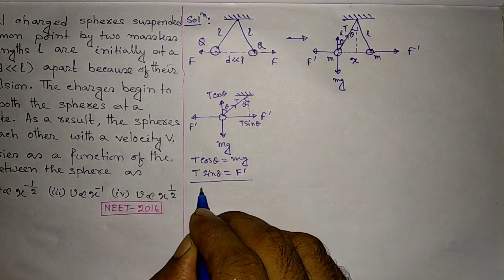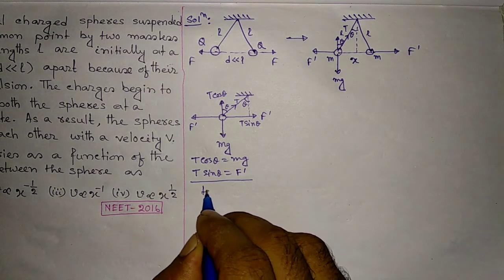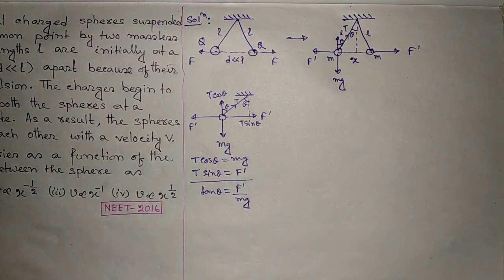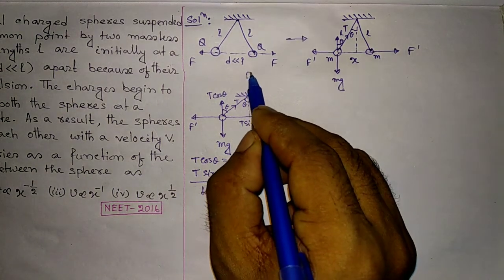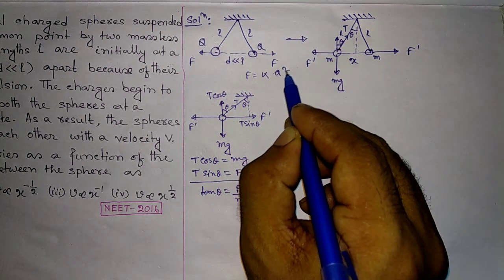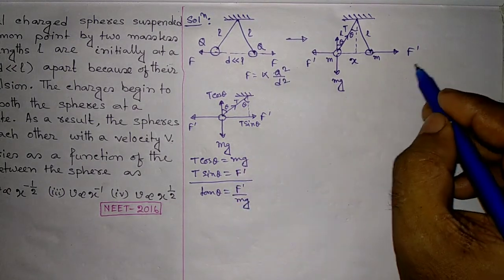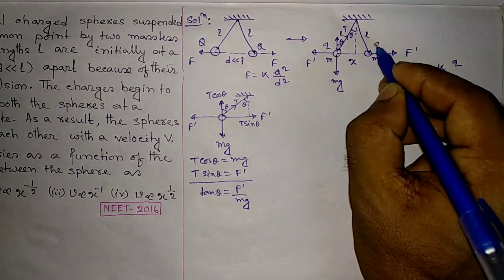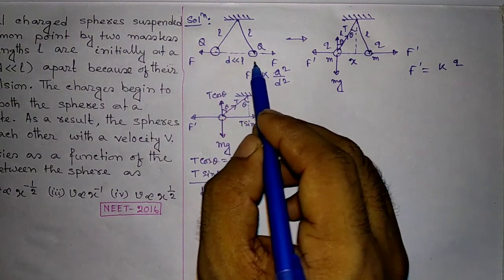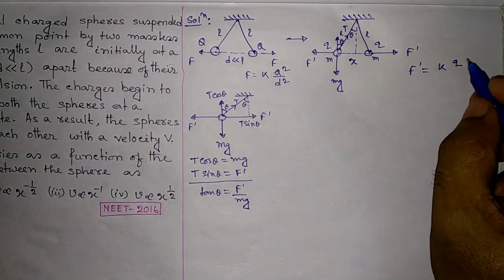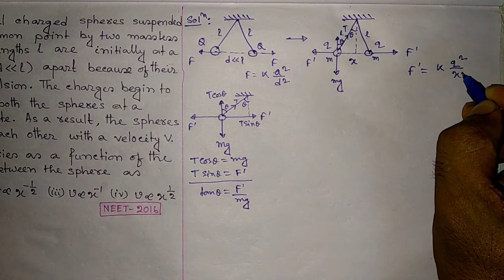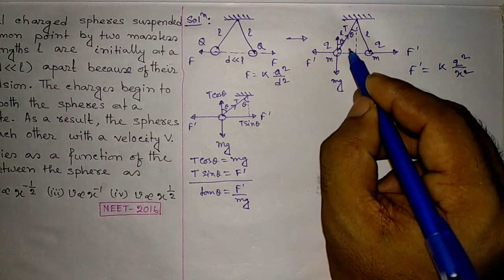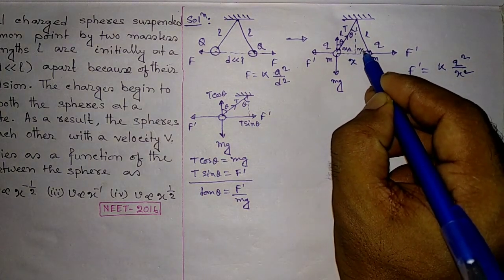So we can write sin theta by cos theta, which is tan theta, is equal to F dash by mg. Here F is equal to k q square by d square, and F dash is equal to k q square divided by x square, because the charge is leaked and the distance is decreased. Again, this distance is x by 2, x by 2.